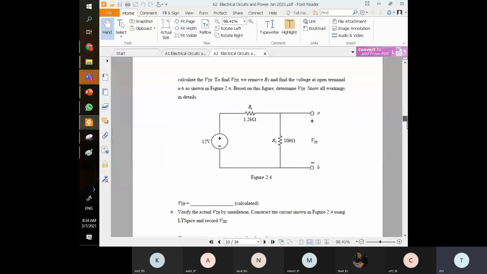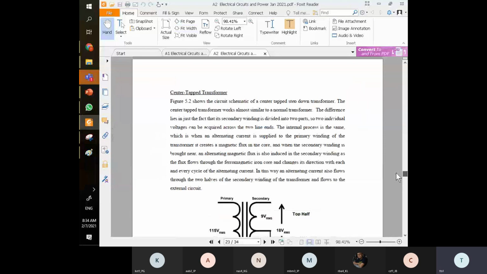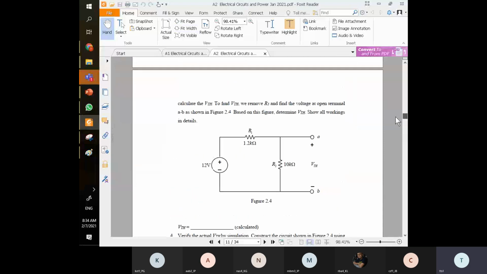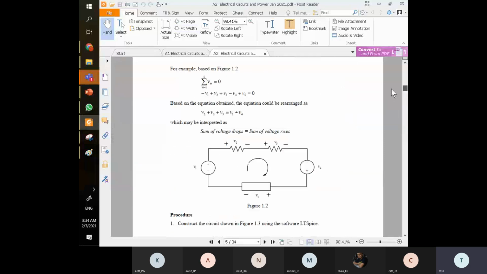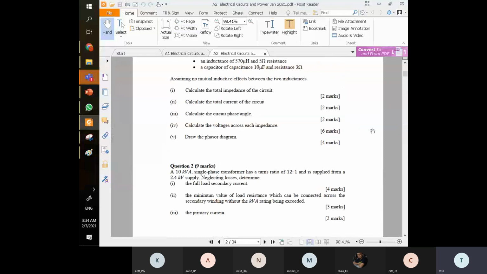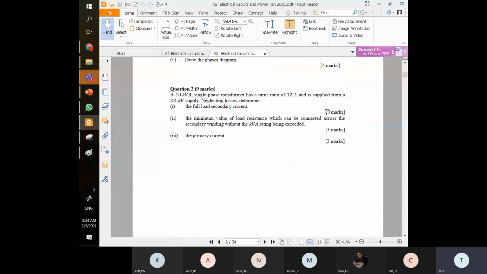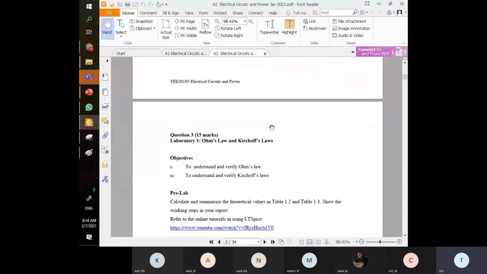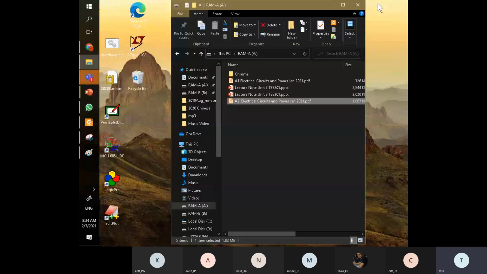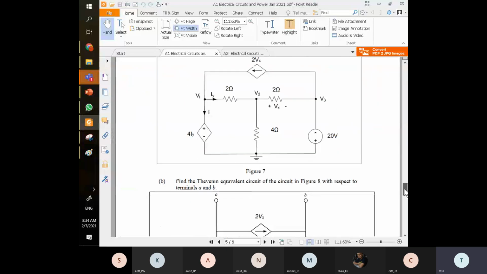Let me make sure it's correct or not. Let me find where it is. Not in this semester. This semester it is not in the assignment, but in the previous semester, maximum power transfer was one of your assignment questions.